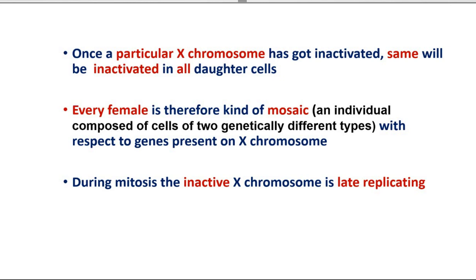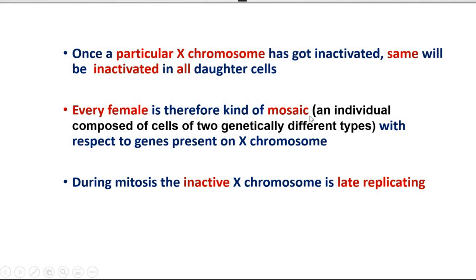This is what is meant by saying that once a particular X chromosome is inactivated, the same will be inactivated in all daughter cells. So we can say that a female is kind of mosaic.